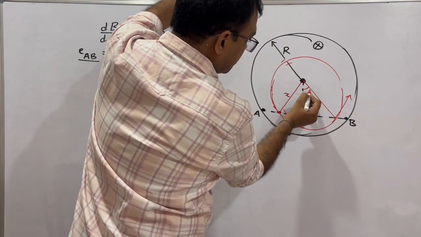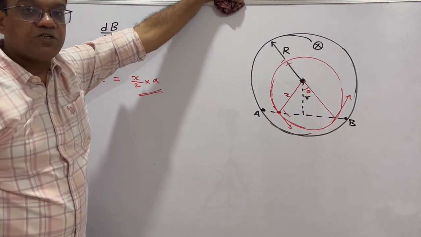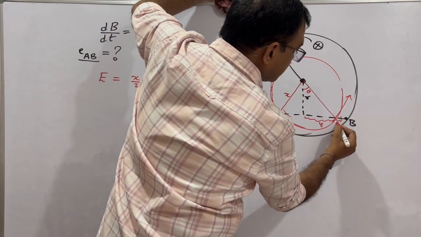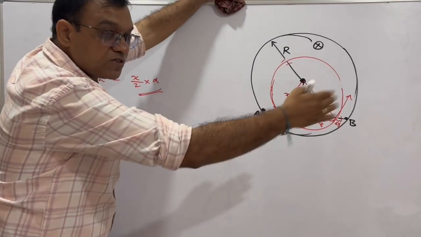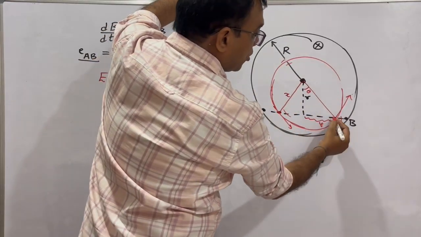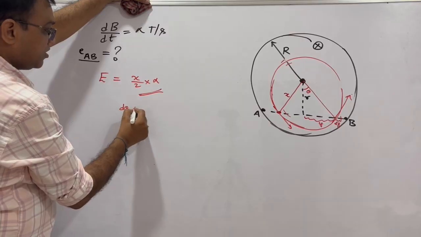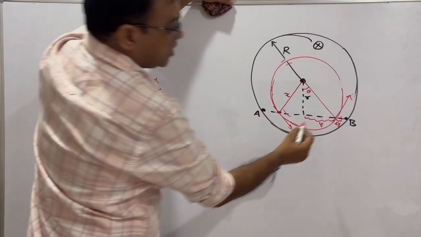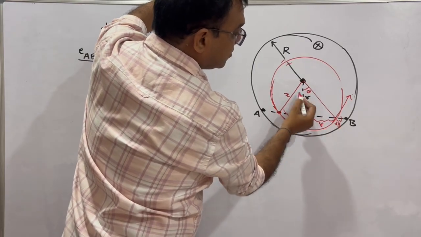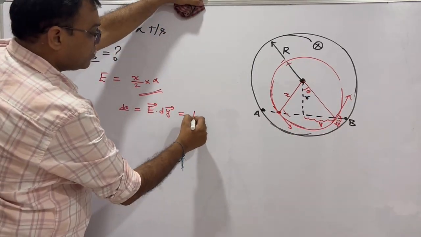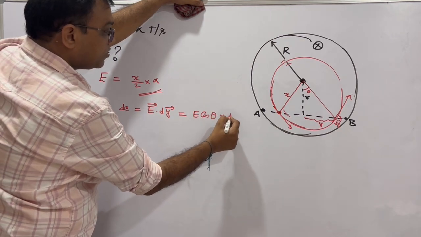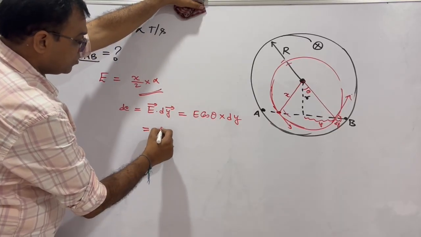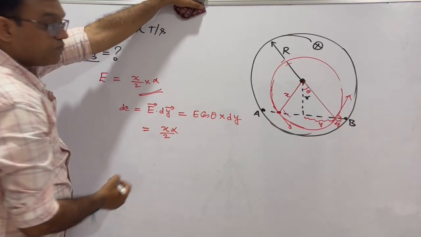Say this angle is theta. And I am taking a distance dy, moving that side. So dE, the EMF element, equals E dot dy. What is the angle between this E and this dy? Theta only. So it will become E cos theta into dy. Right? Now E is equal to x by 2 into alpha.